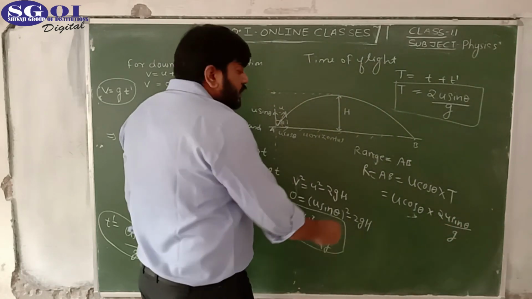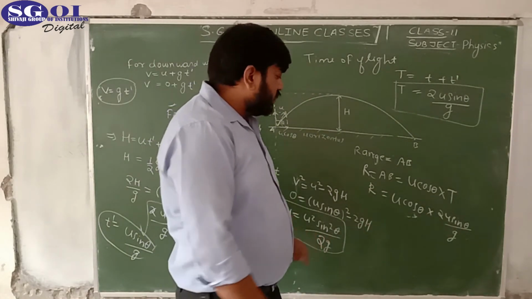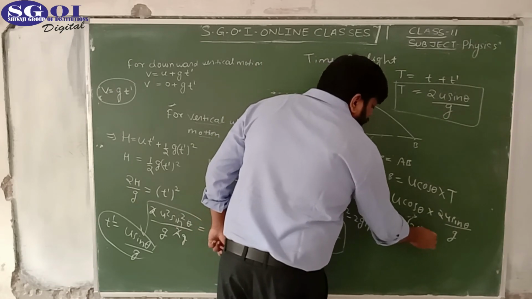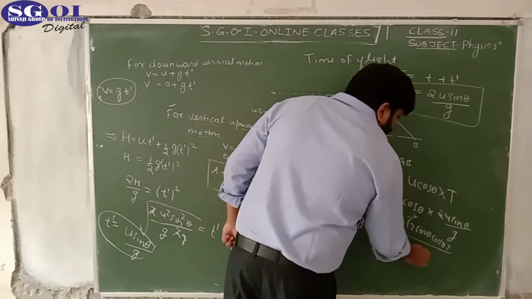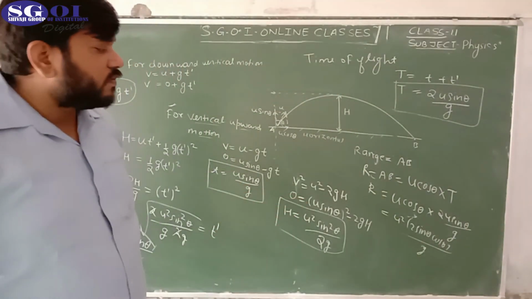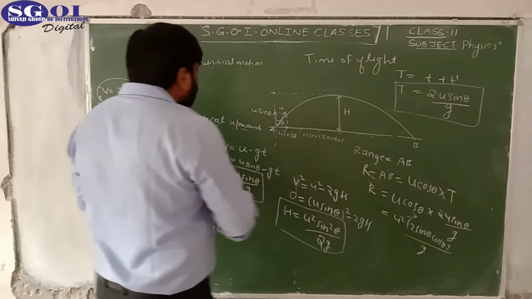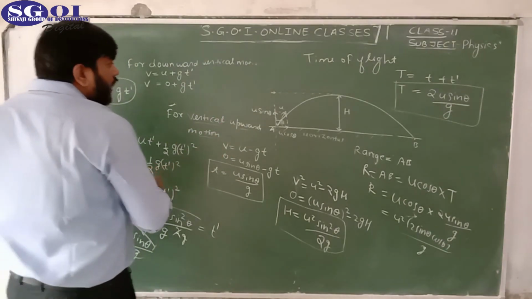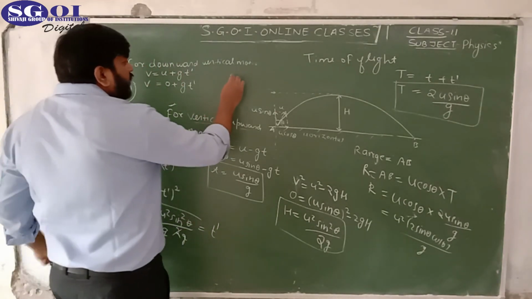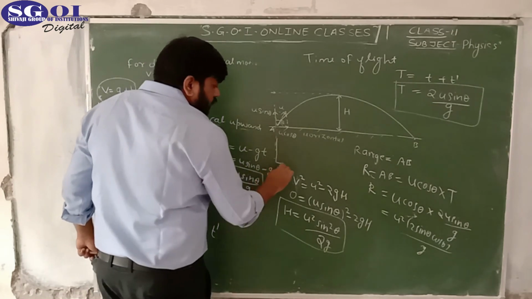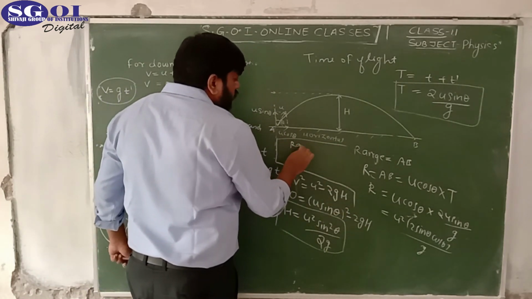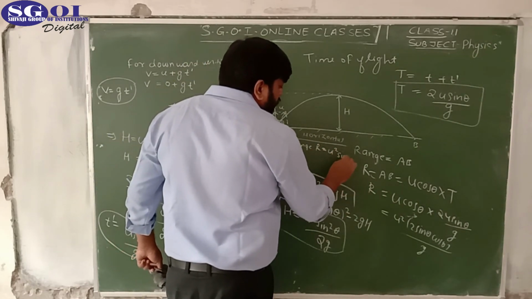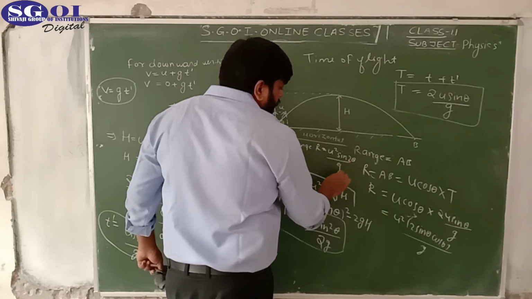So R is u square into 2 sin theta cos theta upon g, and you know that 2 sin theta cos theta is the formula for sin 2 theta. So finally the range R equals u square sin 2 theta upon g.